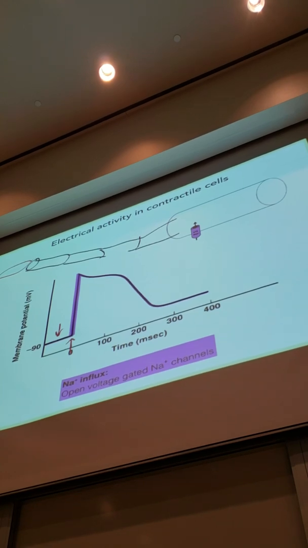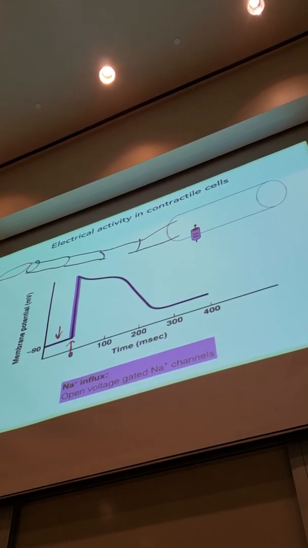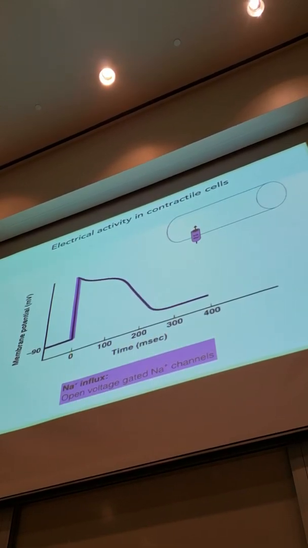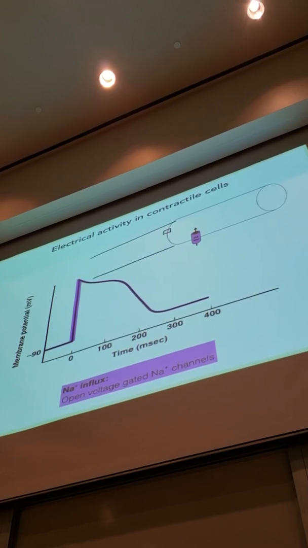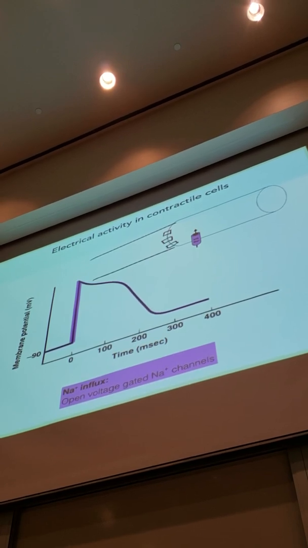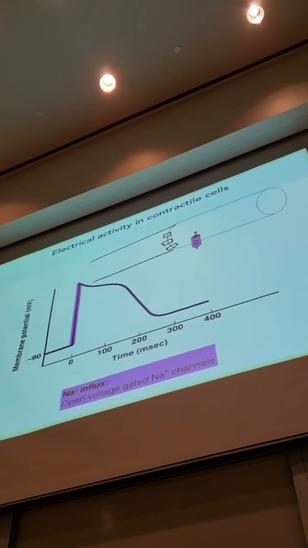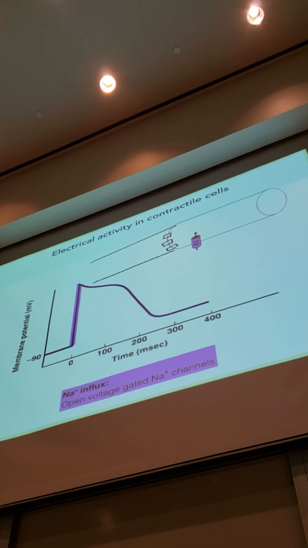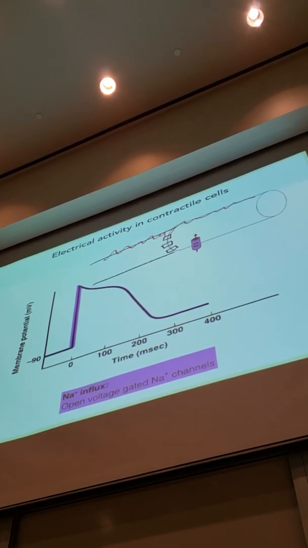Gap junctions are a way of electrically coupling these cells so that when you have two cells next door, their membranes are interconnected by very effective electrical junctions. So the electrical activity, that is depolarizations in one cell, are going to pass directly from one cell to the next.